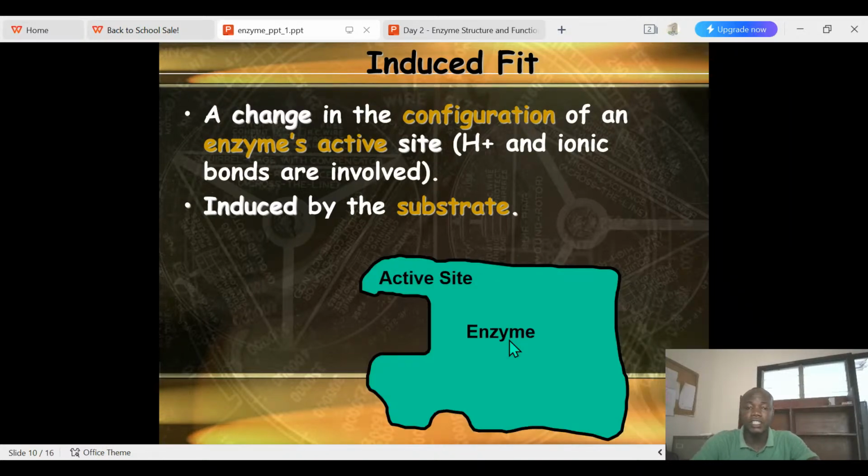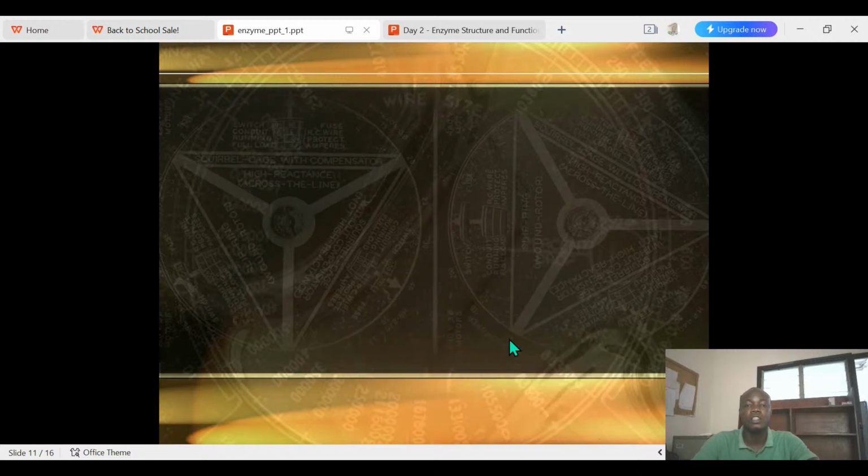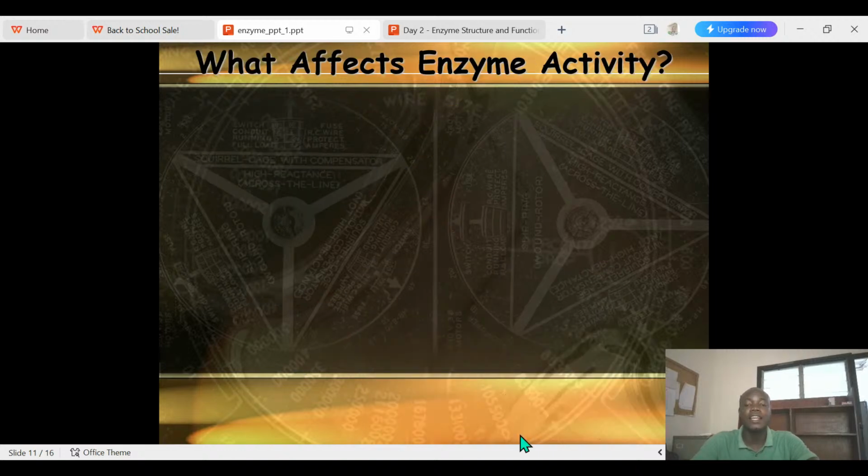So let's look at it. This is an enzyme and the active site, and this is the substrate. The substrate binds to the active site, and then the substrate induces the change in configuration of the active site. That is what you call the induced fit model.